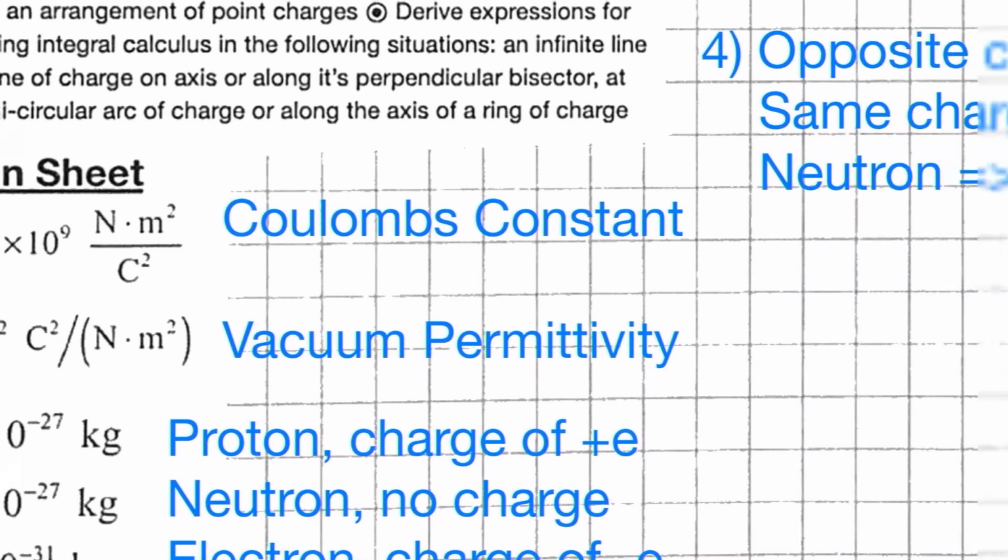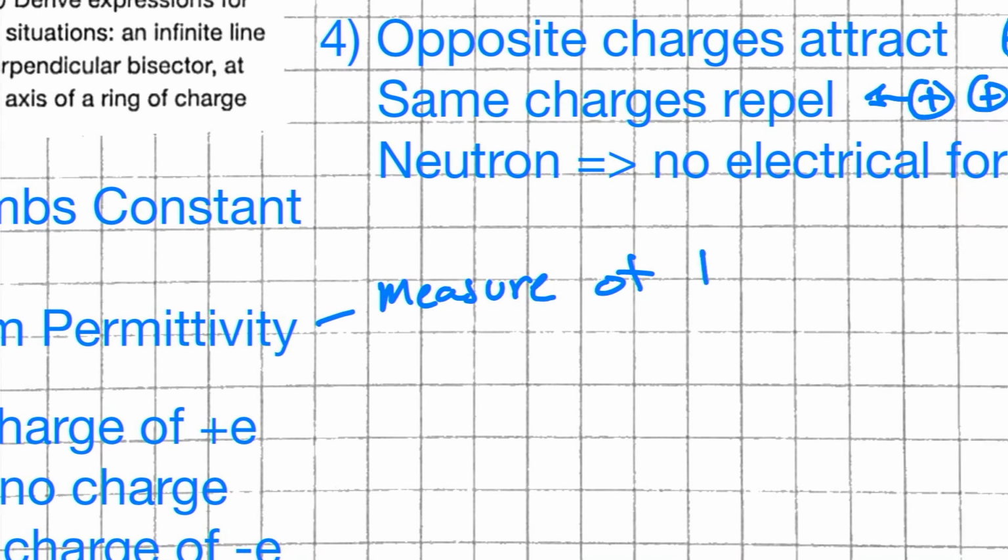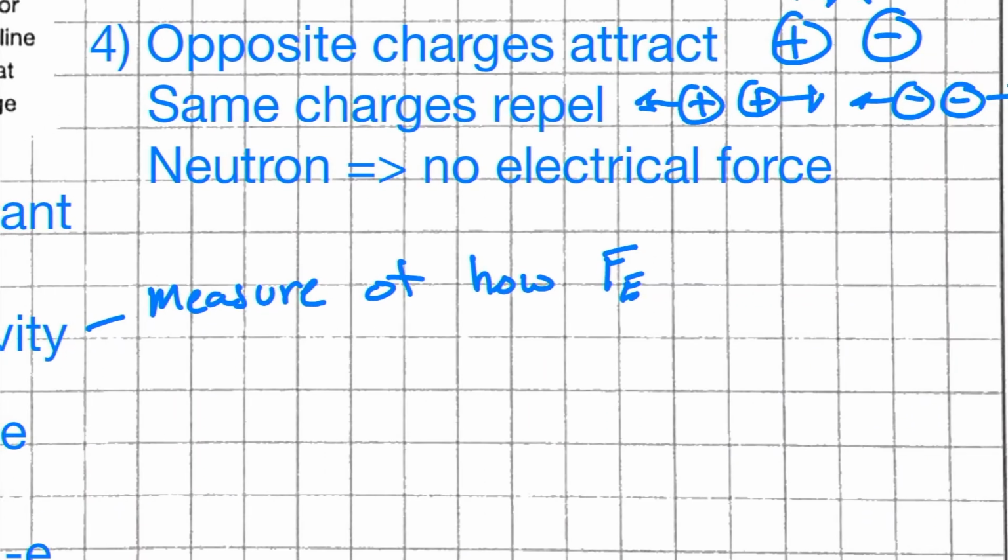Now, what is the vacuum permittivity? Vacuum permittivity is a measure of how electric forces and electric fields exist in a vacuum.